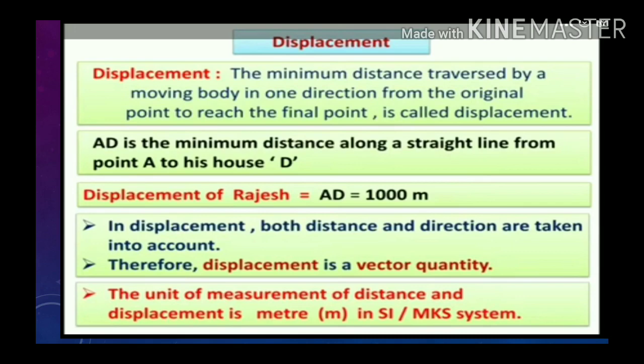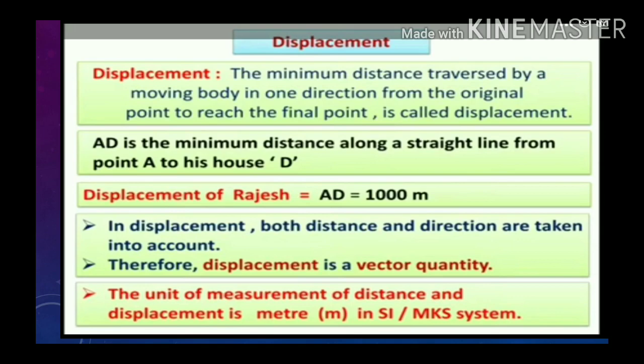AD is the minimum distance along a straight line from point A to his house D. So the displacement of Rajesh is AD, equal to 1000 meter. In displacement, both distance and direction are taken into account. Therefore, displacement is a vector quantity.